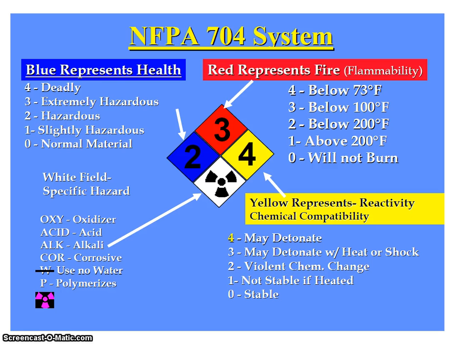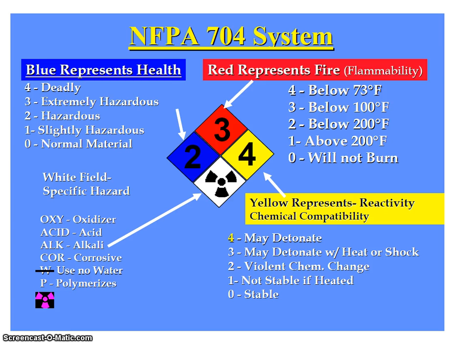When we look at the white field, you may see special words: a W crossed out with a black line would mean do not use with water, P for polymerizes, the initials COR for corrosive, ALK for alkali, ACID if it's acidic, and OXY indicates it's an oxidizer.